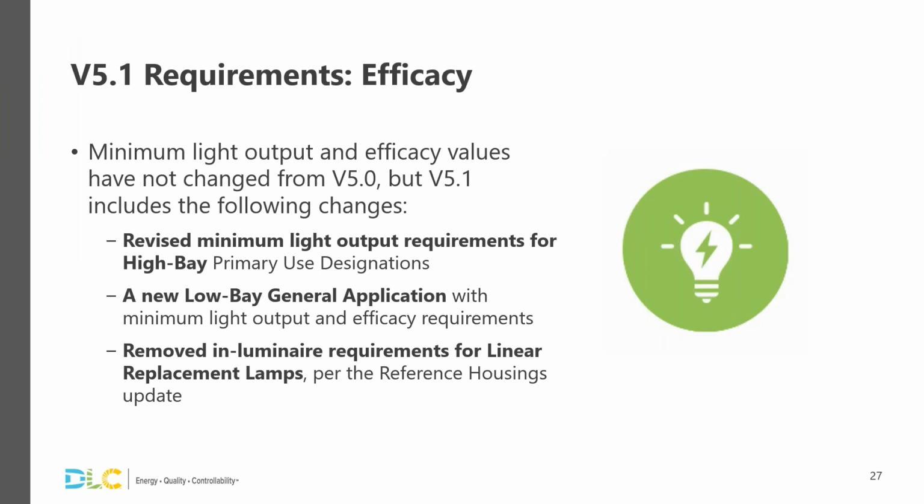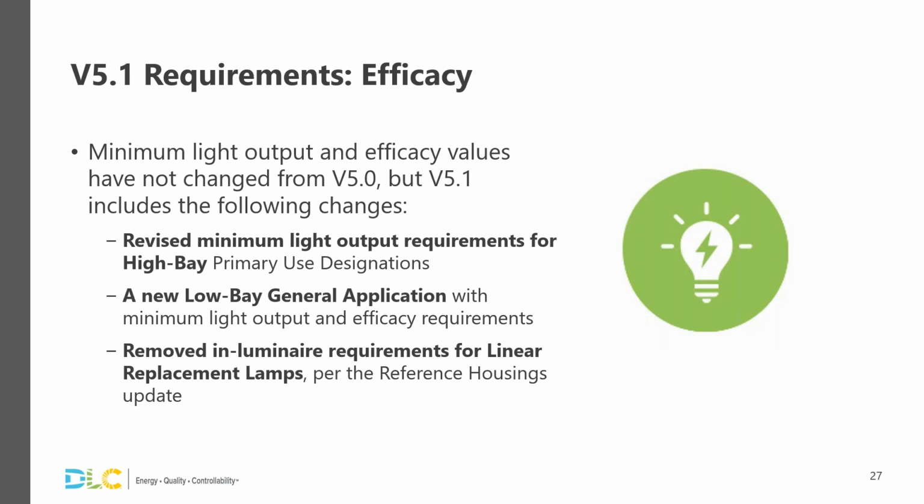So changes to efficacy in version 5.1 are pretty simple. The efficacy values and the minimum light output values have not changed from version 5.0, but it does include a few changes. So the minimum light output requirements for high bay primary use designations have been revised.